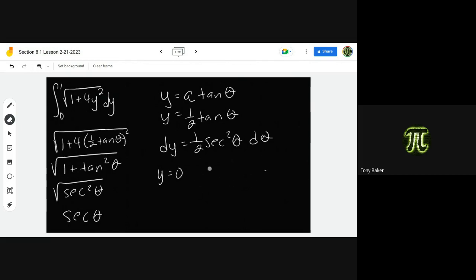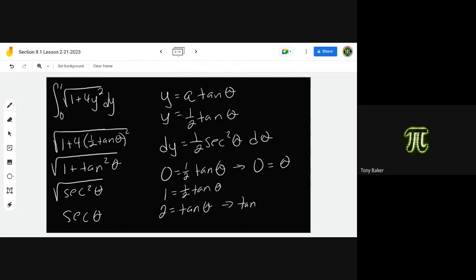Because tangent theta equals 0, the value of theta has to be 0. If I do 1 equals 1/2 tangent theta, it's 2 equals tangent theta. So that means the arctangent of 2 equals theta.